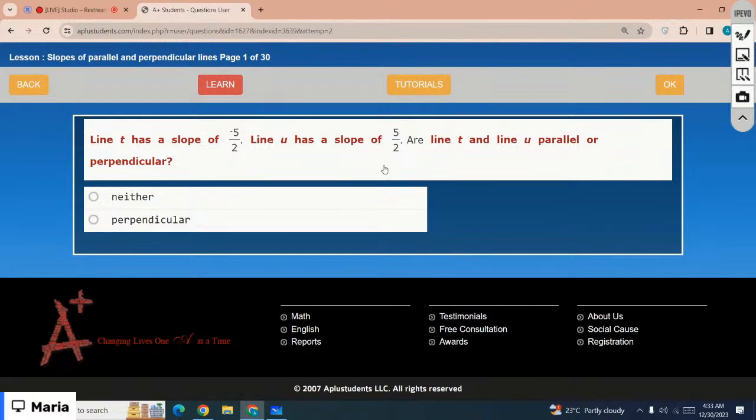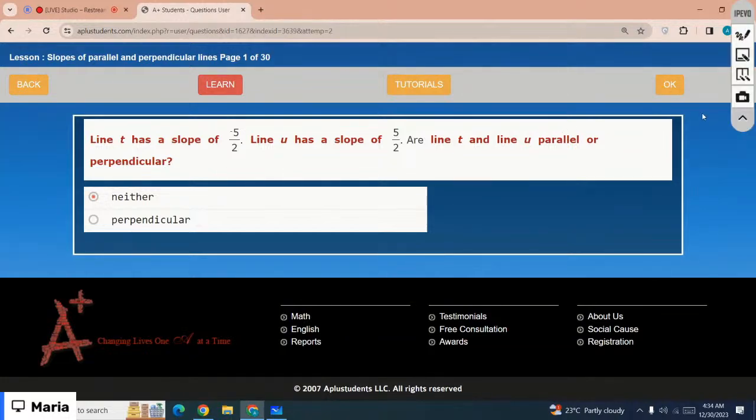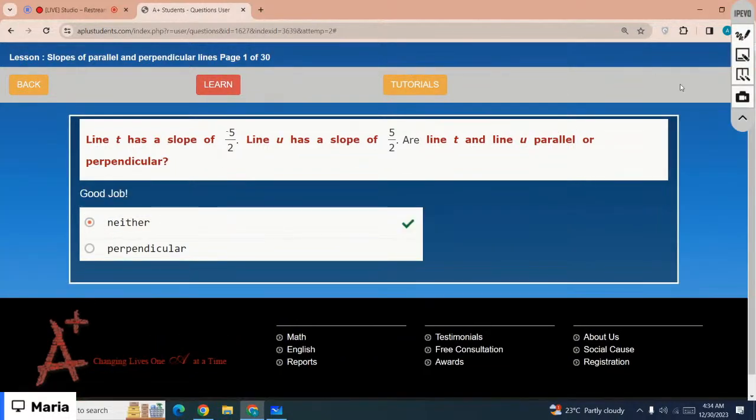And if the lines are perpendicular, the slopes are negative reciprocals of each other. But this is not a negative reciprocal, this is just the opposite sign. So that means neither perpendicular nor parallel. So the correct option is neither. They are neither perpendicular nor parallel. Got it?